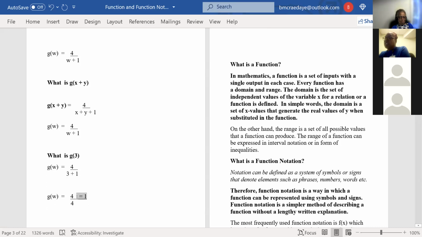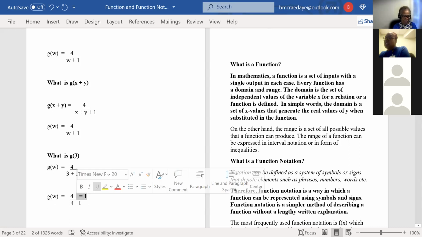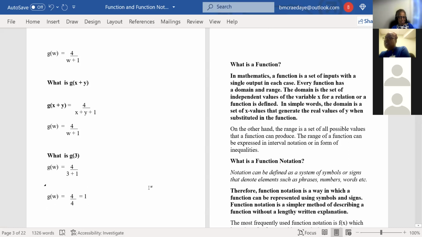Oh, yeah, I remember, got it now. See, you just got 4 over 4. So you have to reduce it too? Well, usually you simplify. And if you're given multiple choice, they're going to have the simplified form of the answer. So you wouldn't leave it 4 over 4.